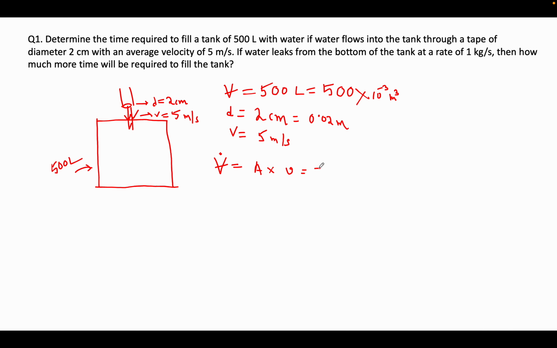So area will be pi by 4 into d square, and velocity is given. You put the values here: pi by 4, 0.02 whole square into 5.